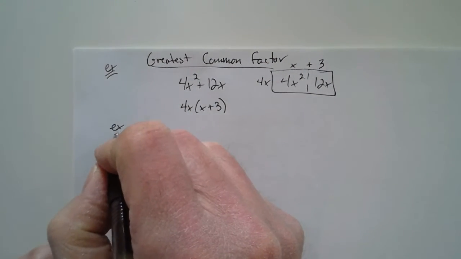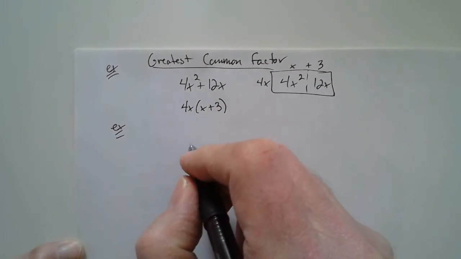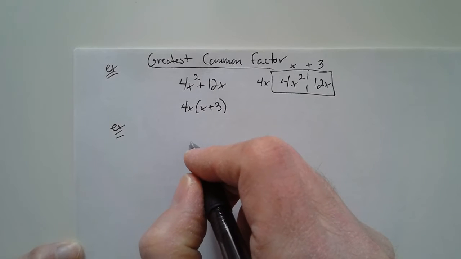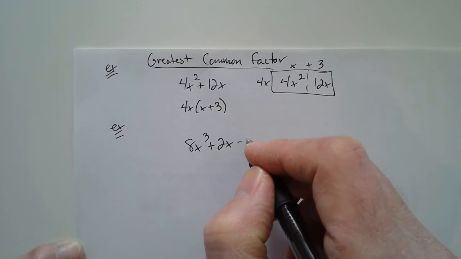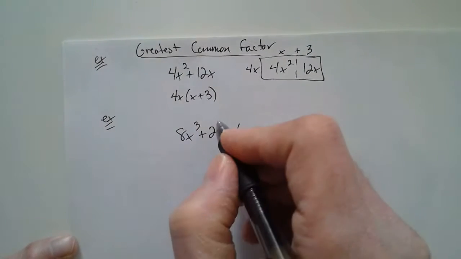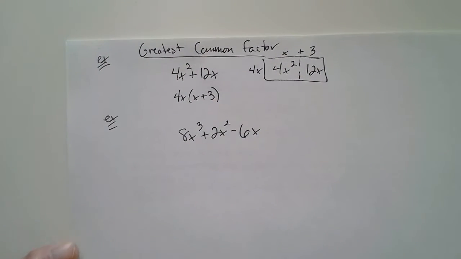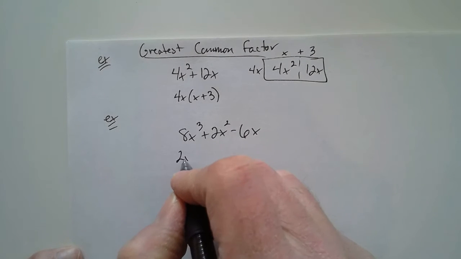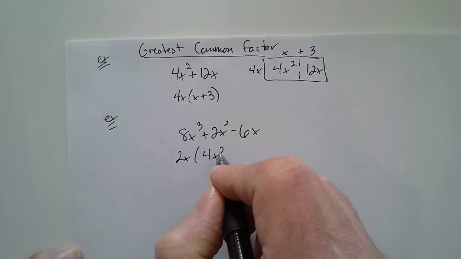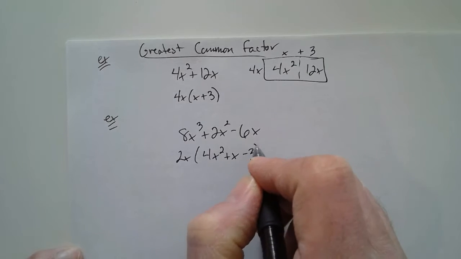Just another example. If you have 8x cubed plus 2x minus 6, we'll go like this. You can take a 2x out of each of them, and it'd be 4x squared plus x minus 3.